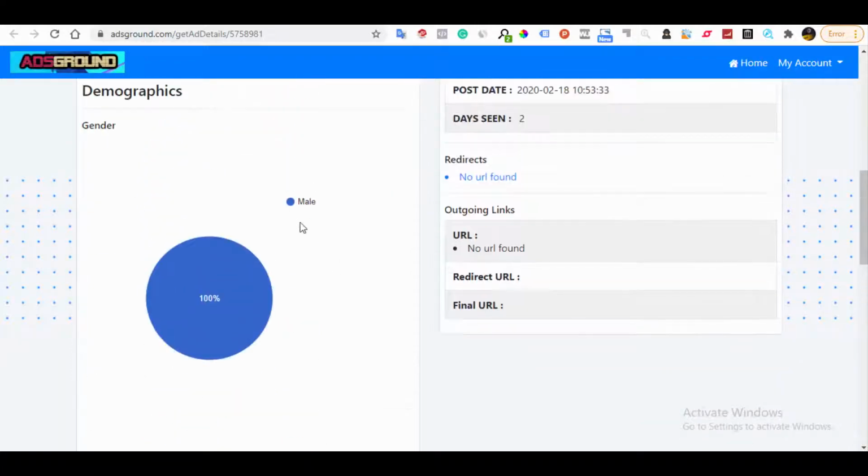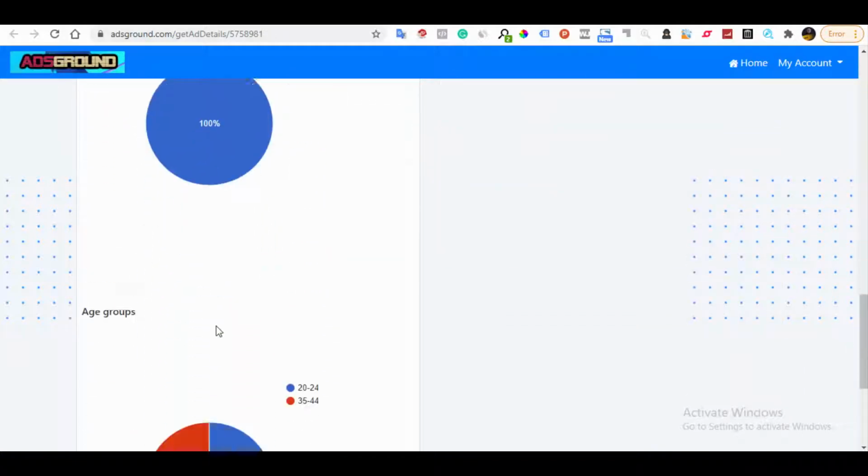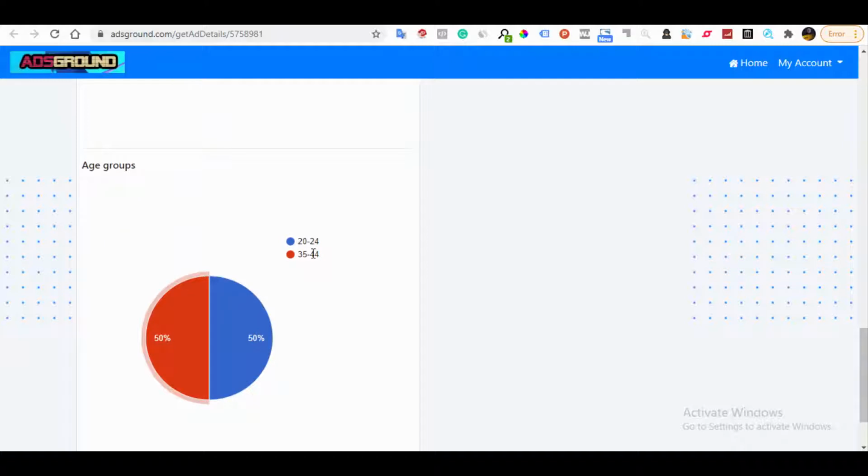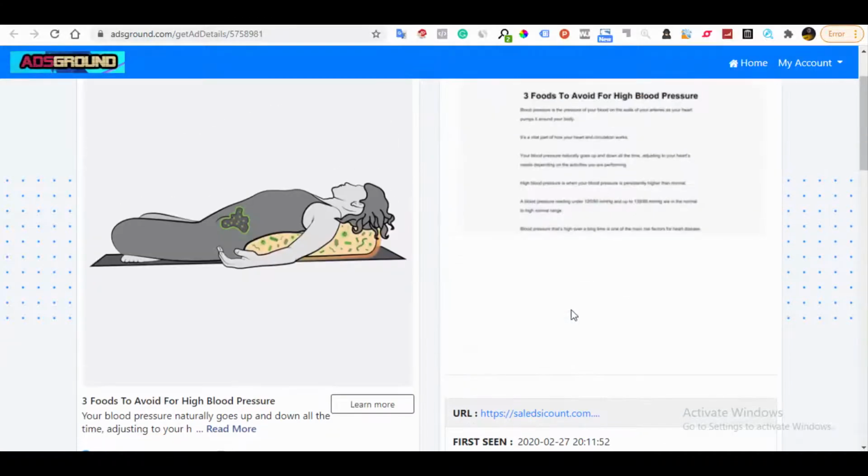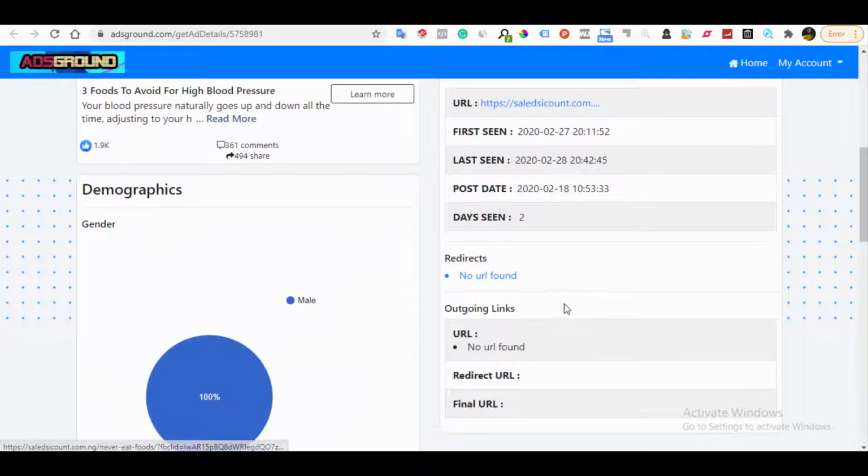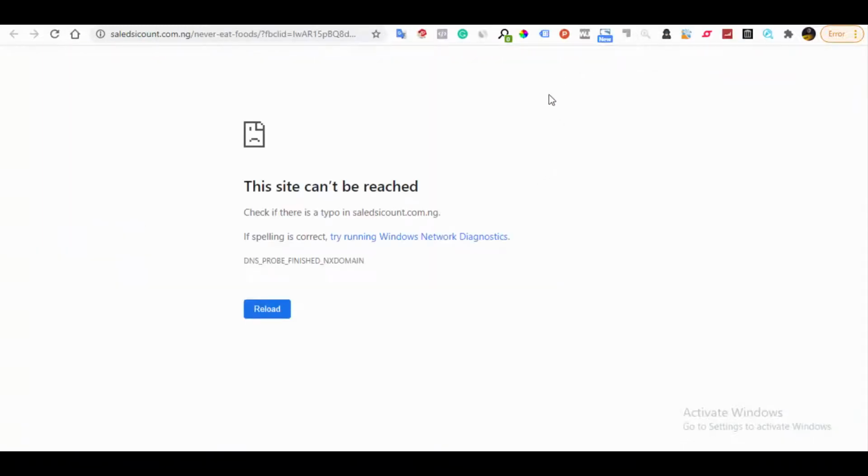You can look at these two as well. The people they are targeting are just males, not females. And look at the age range that these guys are targeting: 20 to 24, 35 and so on.